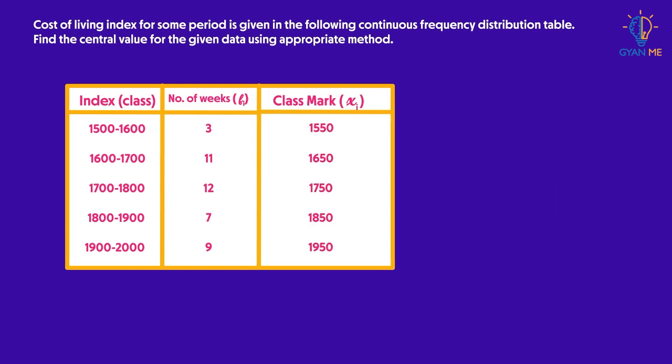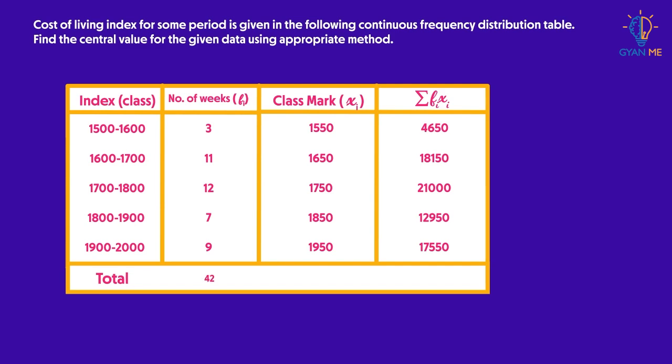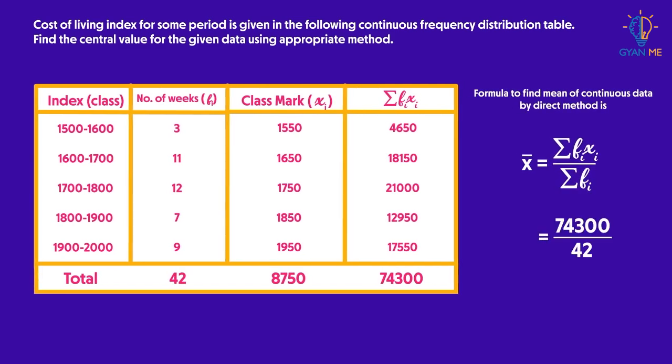And then calculate product fixi. And use the formula sigma fixi upon sigma fi. Doing that, we get mean of this data as 1769.